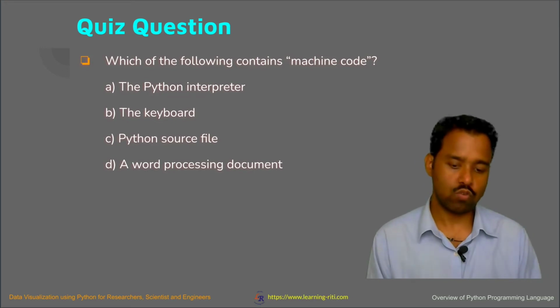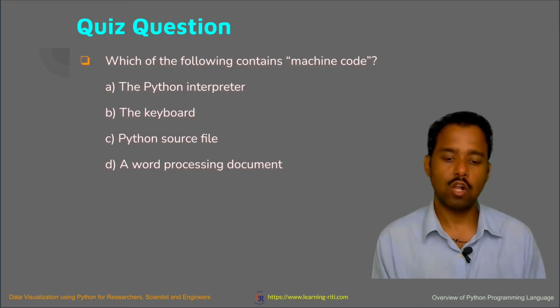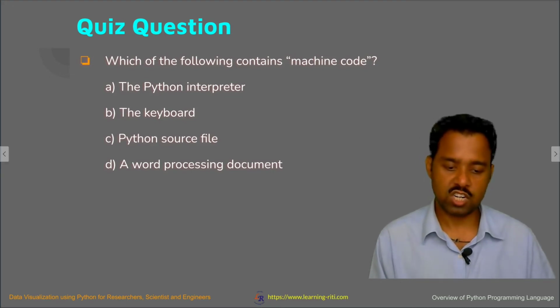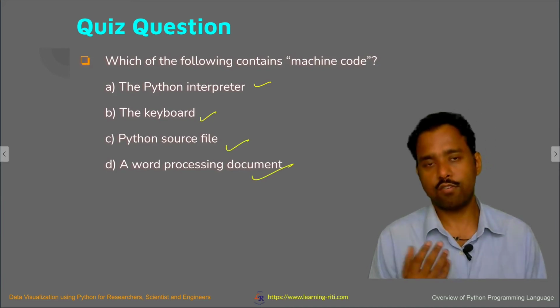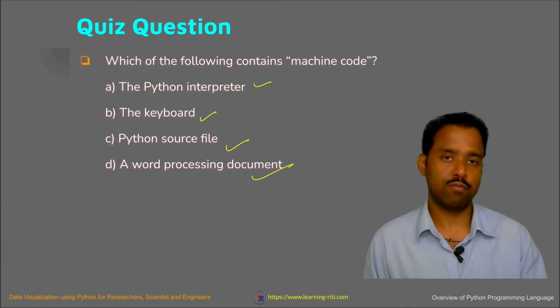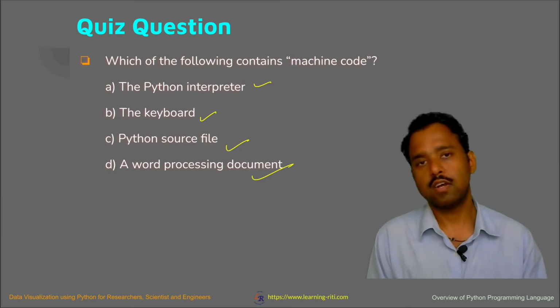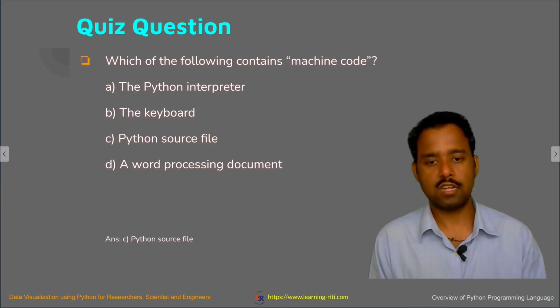Before I show you the answer, think based on your learning so far what your answer would be. Which of the following contains machine code? The Python interpreter, the keyboard, the Python source file, a word processing document. Think for 1-2 minutes and give your answer, and before you see the next, pause, and when you have the answer in your mind, press play again, and then this is the answer.